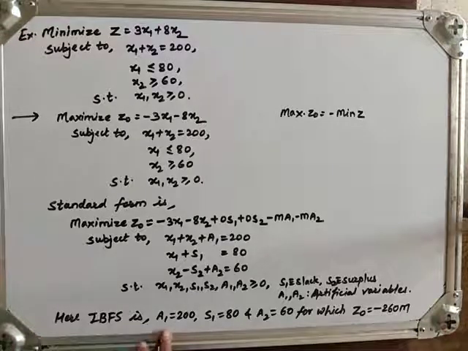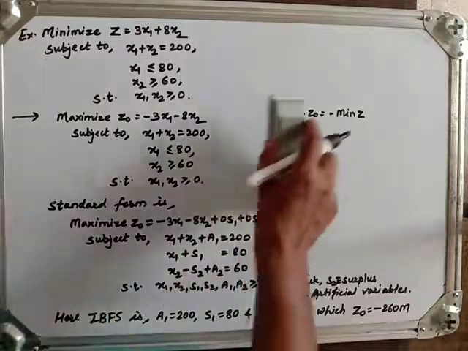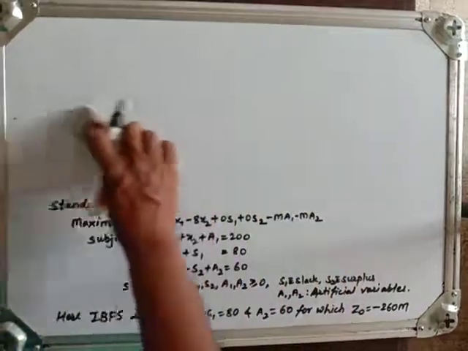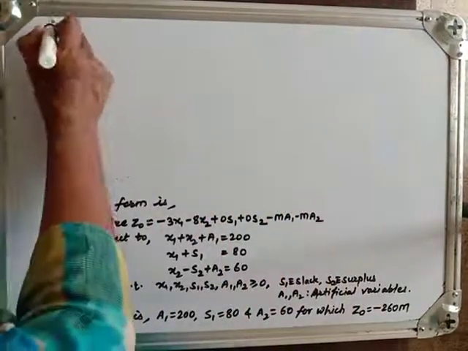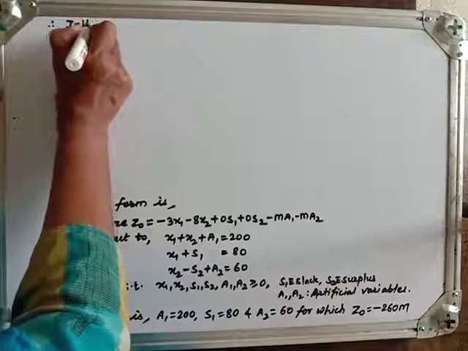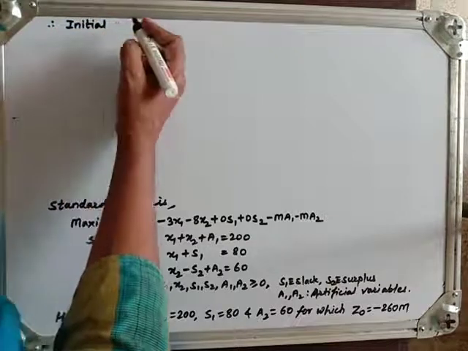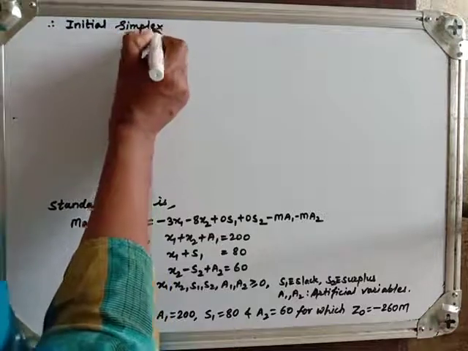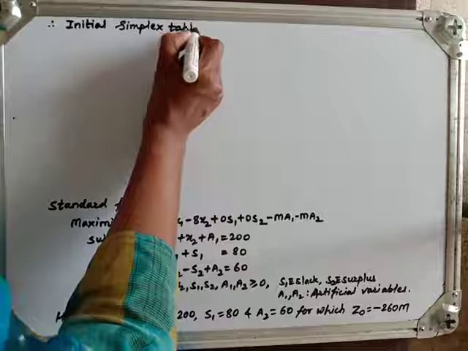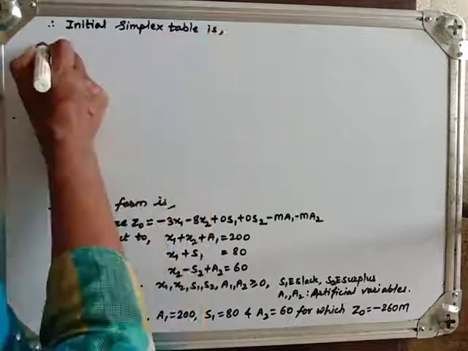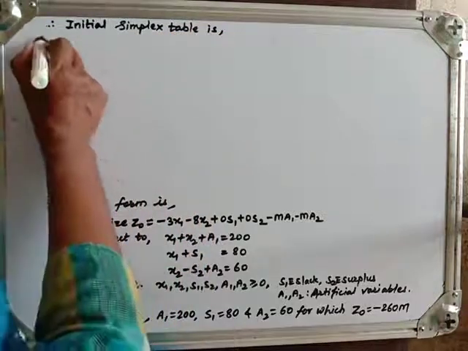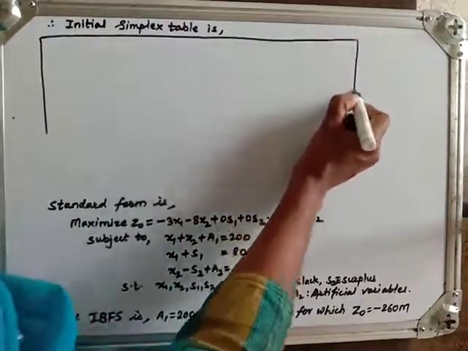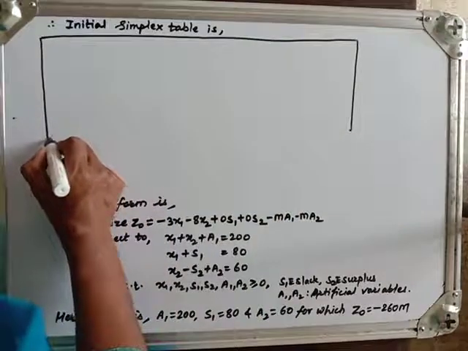Now from this let us write the initial simplex table. We have 3 constraints, so 3 rows are required.